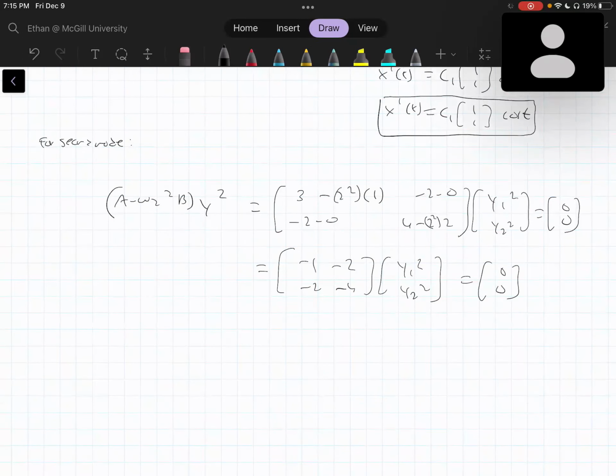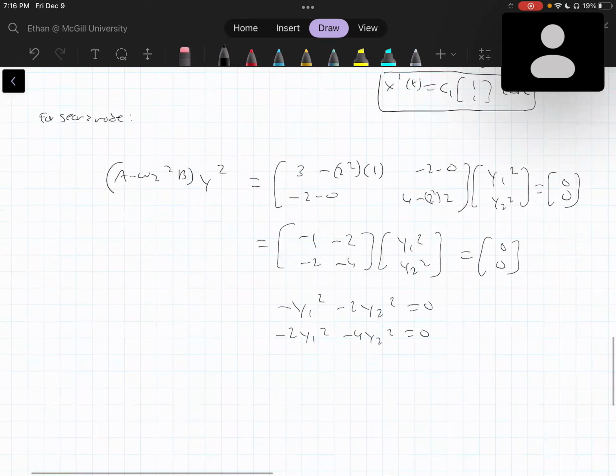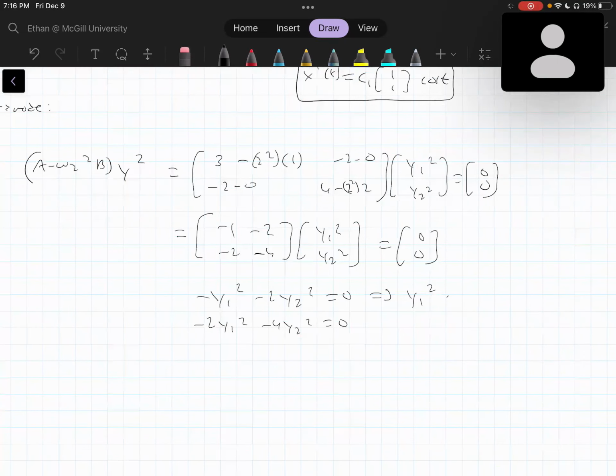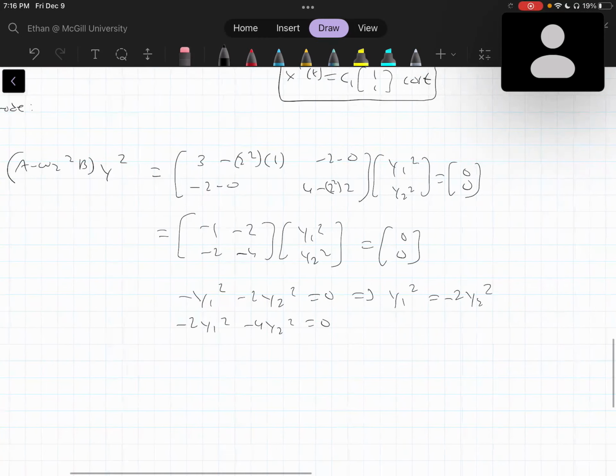Writing a system of equations again, we're going to have negative y1 to the power 2, negative 2y2 to the power 2 is equal to 0, negative 2y1 to the power 2, negative 4y2 to the power 2 is equal to 0. Again, these equations are redundant, so we can only look at the first equation. This equation will yield y1 to the power 2 is equal to negative 2y2 to the power 2.